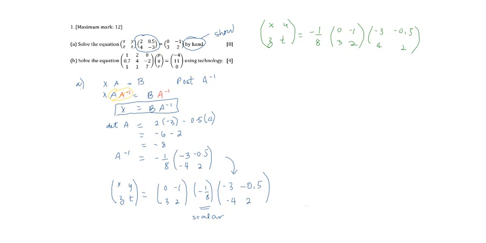Okay, by the way, an alternative is to simplify this. So you may also use 0, 3, negative 1, 2, and then multiply that by 3/8, and then 1/2 times 1/8 is 1/16, and then 4/8 is 1/2, and then 2 is negative 1/4.